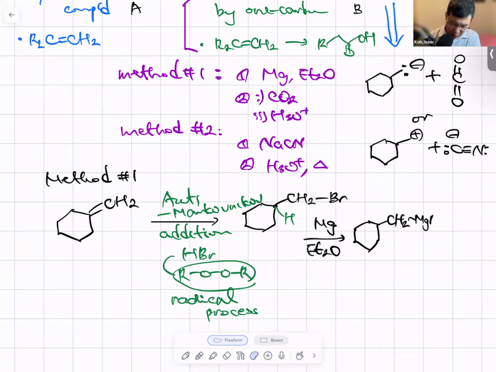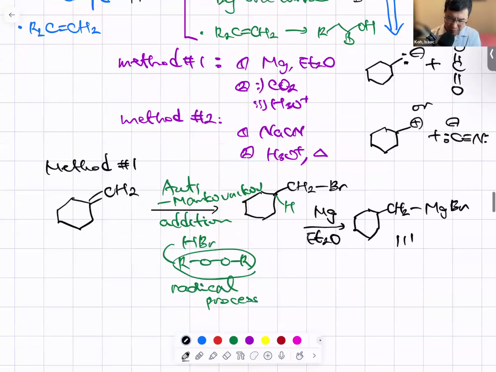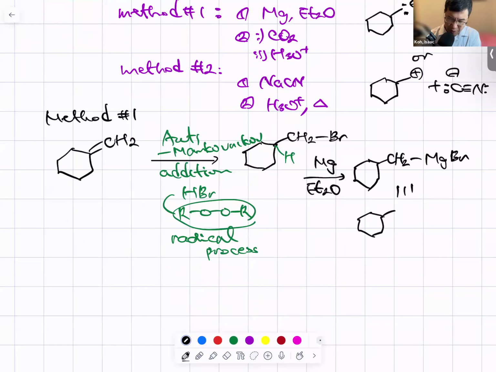We can treat this as a full carbanion because the electronegativity difference between carbon and magnesium is great, and magnesium has a positive charge.